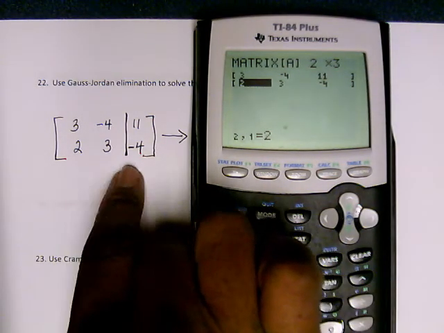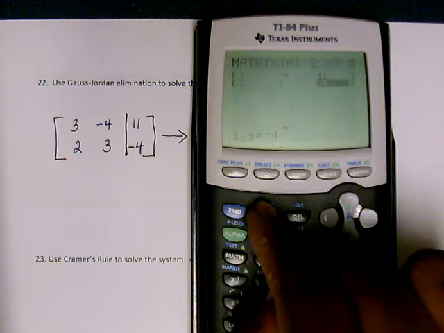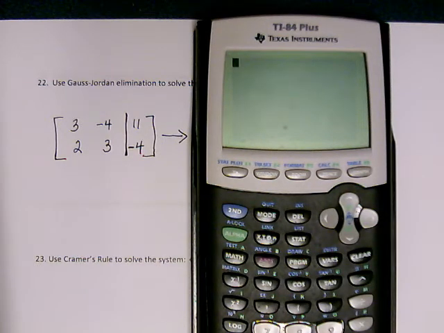Then we enter the second row: 2, enter, 3, enter, negative 4, enter. You have to press enter after each and every element, including the one in the last row and the last column. And then we press second and mode to get out of it.